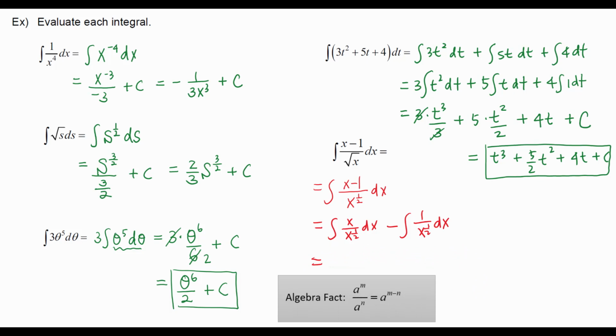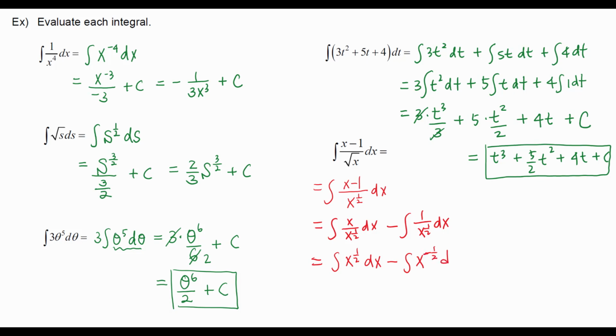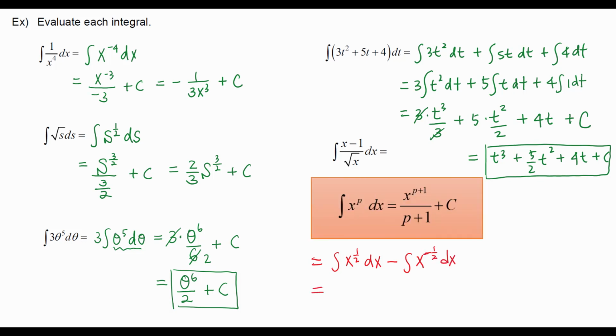And since the x's have the same base, when you have a quotient of two expressions of the same base, you can subtract exponents. So this will be x to the 1/2 power dx minus, I want to rewrite this as a power, so that will be x to the negative 1/2 power dx. Then I'm going to add 1 to the 1/2 power, which is 3 over 2.